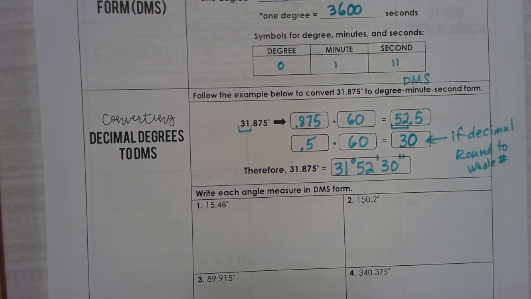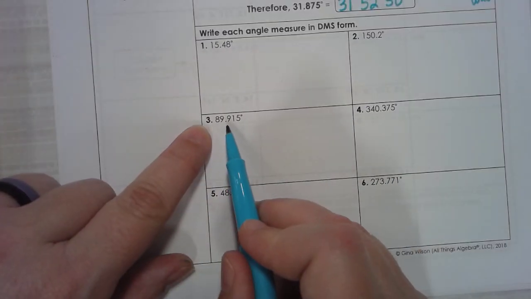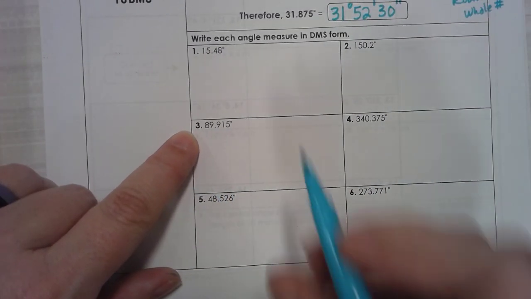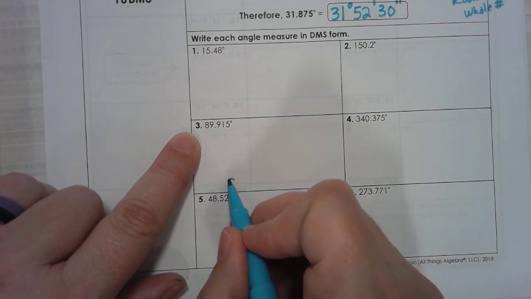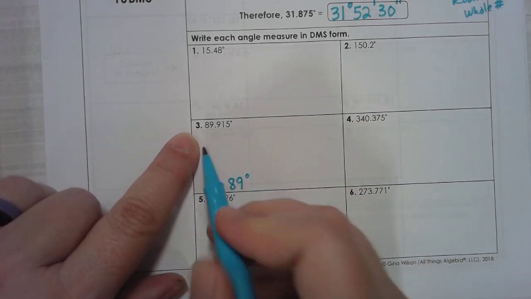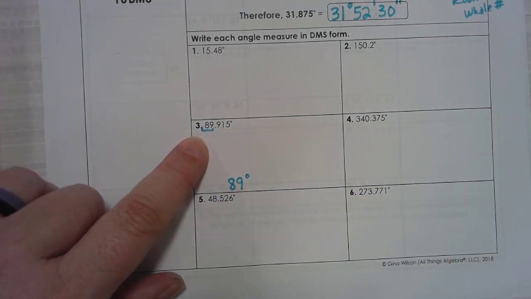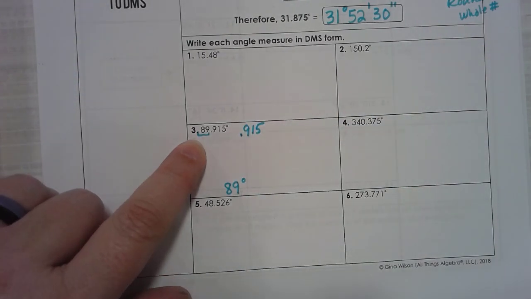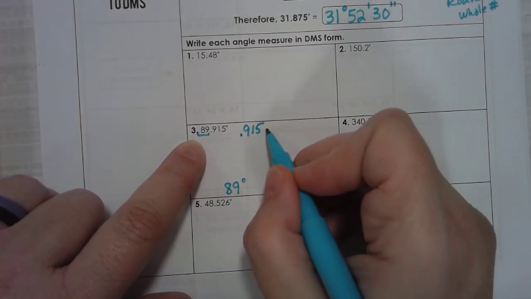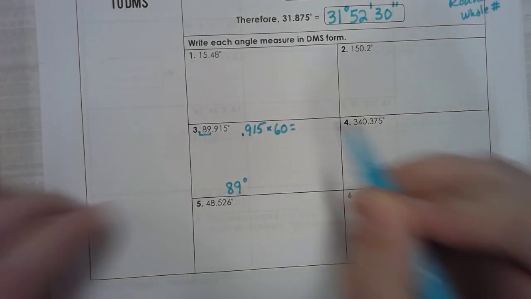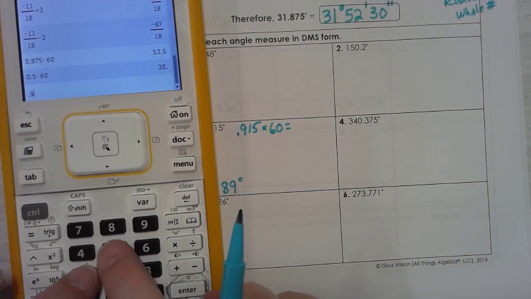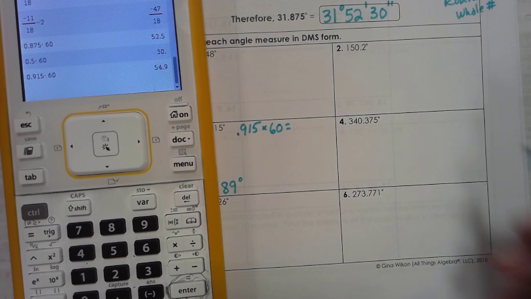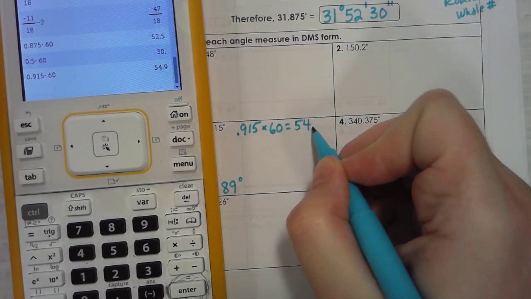Okay? All right, so let's try number 3, 89.915 degrees. I'm going to put my answer down here. I start with the 89 degrees; that part stays there. Then I take the 0.915, and what are we going to do with that? We're going to multiply it by 60. 0.915 times 60 makes 54.9.